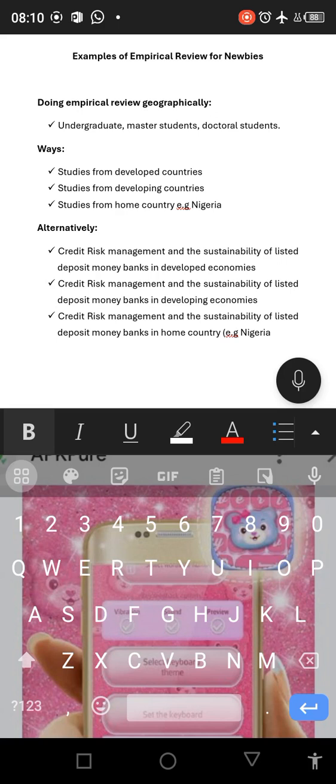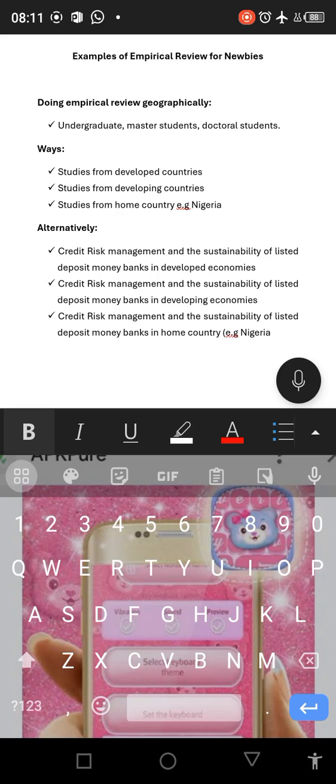Now, this is applicable to undergraduates, master's students, and doctoral students, with a little exception. For instance, undergraduate students majorly do not have any business doing or reviewing their empirical review objective by objective. Most often, geographically is okay by them.